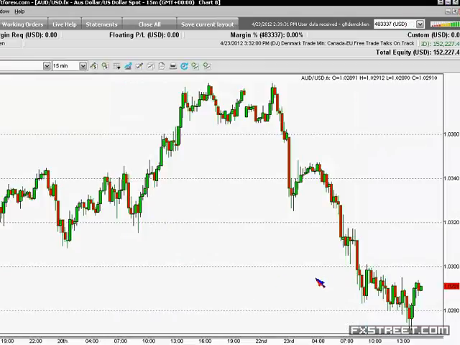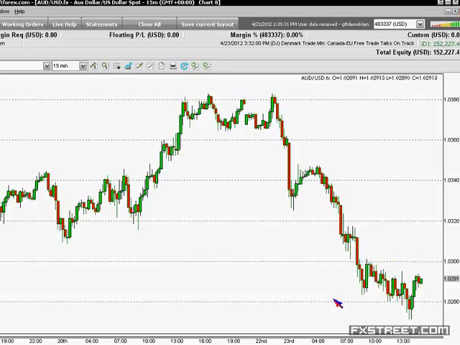And let me just minimize my screens for 1 second. And what we found is that if the Australian dollar moves from the figure over to 50, there's a very good chance that there's going to be continuation. So one of the ways you can trade that is to watch certain levels in the Australian dollar.